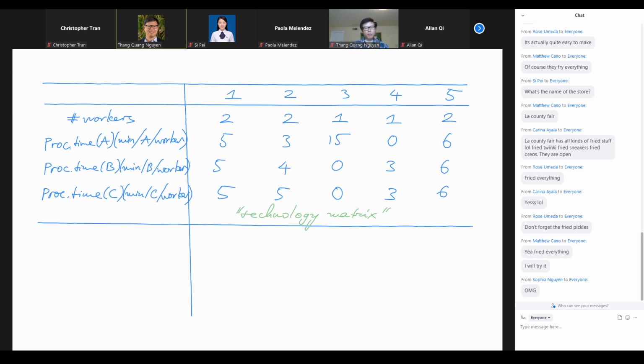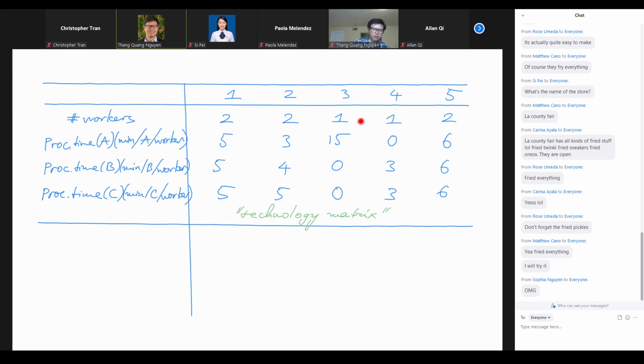If we have a better process, we have better equipment, we redesign the products, then we might cut down the time that you see here, right? You cut down the time, it takes a shorter time for the dishes to go through the cooking process, then we have better technology. So in a sense, we talk about technology right here with the processing time.